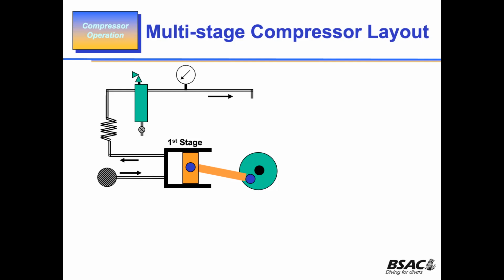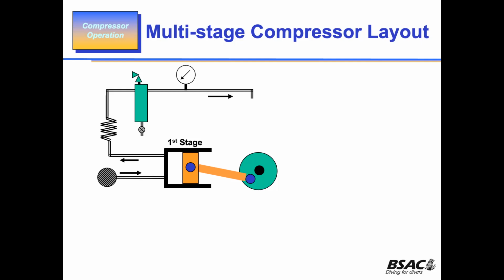So you fill up your cylinder with all your fresh charge, round it goes, and it starts to compress again. As soon as it starts to compress, the inlet plate valve shuts and the discharge plate valve opens, and you push the air into the next stage of the compressor.